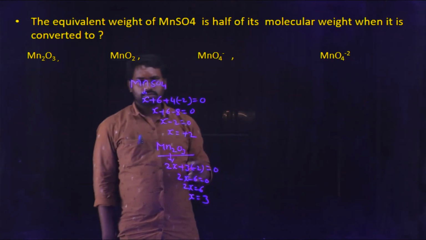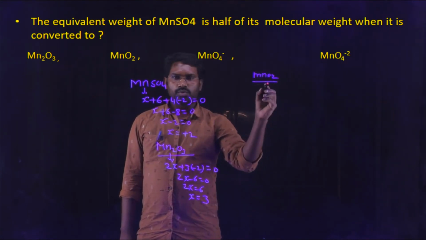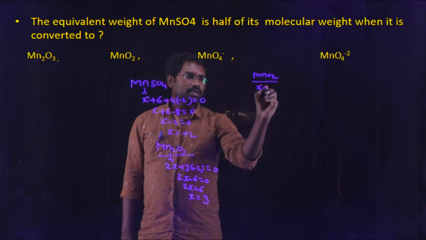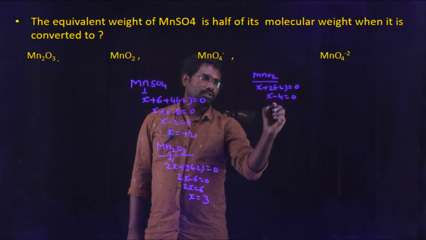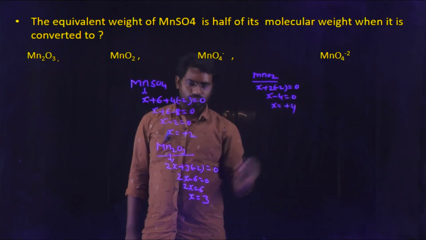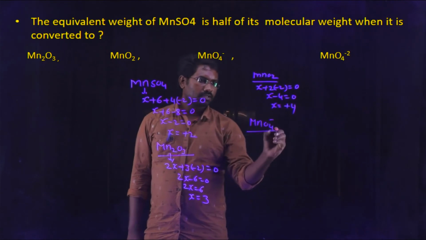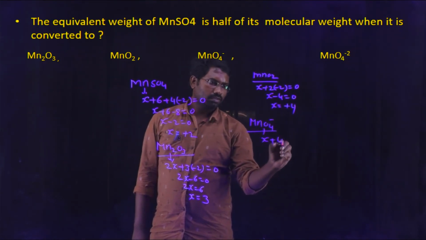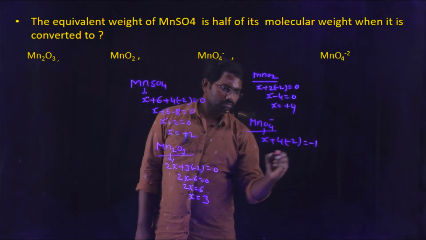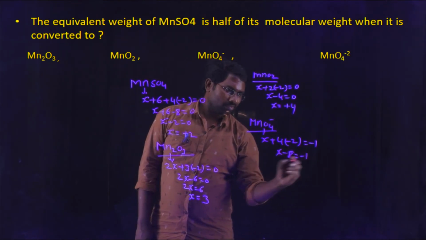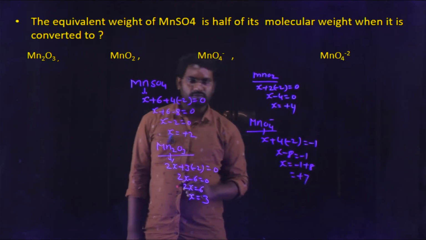Come to the next one, MnO2: x plus 2 into minus 2 is equal to 0, x minus 4 is equal to 0, x is equal to plus 4. Next, MnO4 minus: x plus 4 into minus 2, the charge on that one is minus 1, x minus 8 is equal to minus 1, x is equal to minus 1 plus 8, which is plus 7.